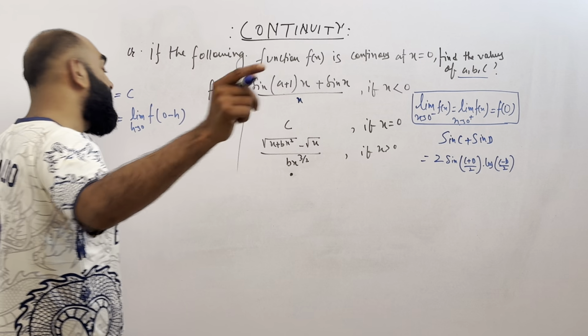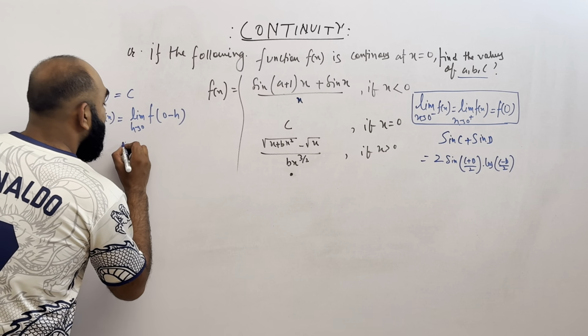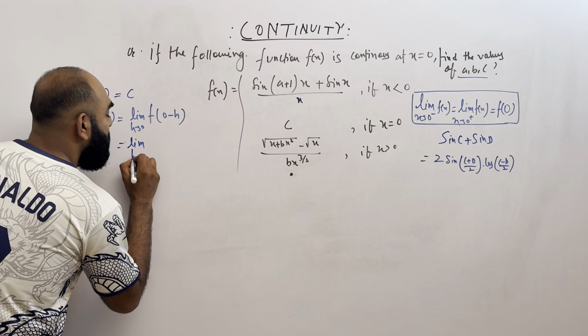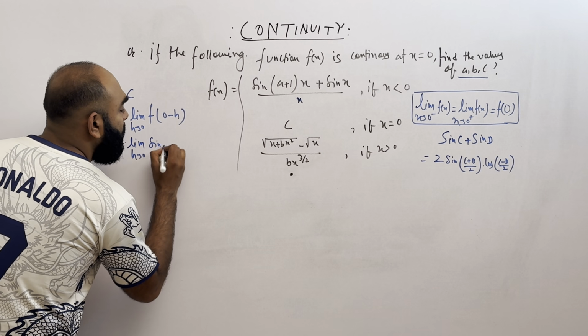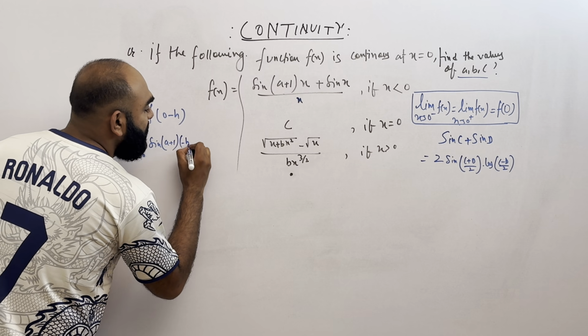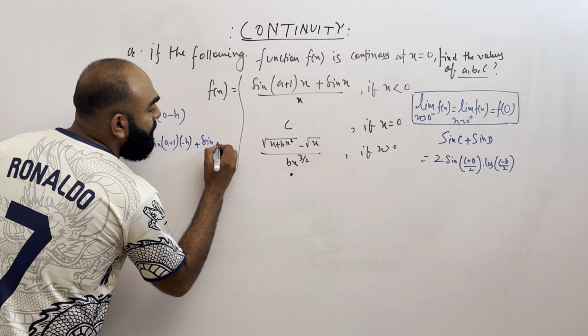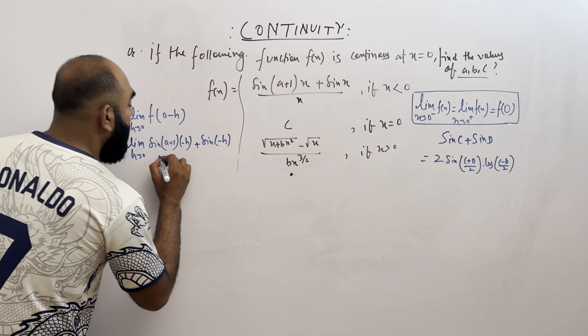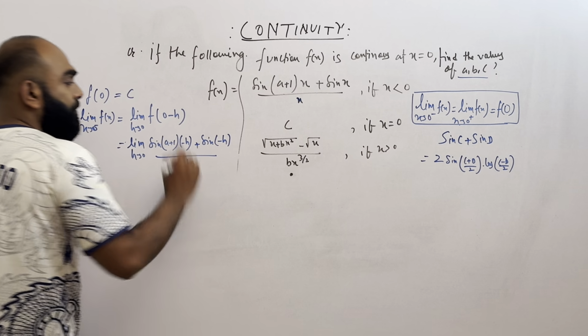So the limit as h tends to 0 of sin((a plus 1) into x), where x is 0 minus h, that is minus h, plus sin(0 minus h), divided by minus h.